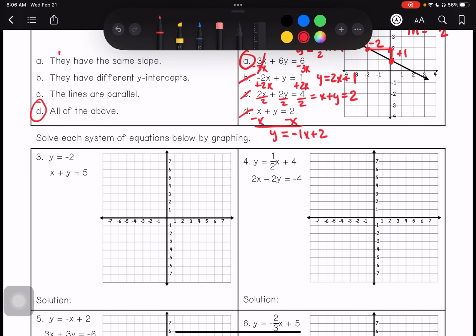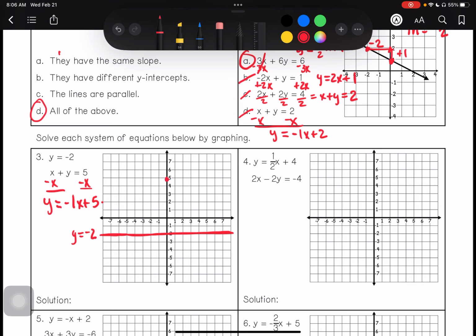Number 3, it says solve each equation by graphing. I'm going to put this in slope-intercept form by subtracting x on both sides. So y equals -1x plus 5. Then y equals -2 is a horizontal line through -2. And here, y equals -1x plus 5.